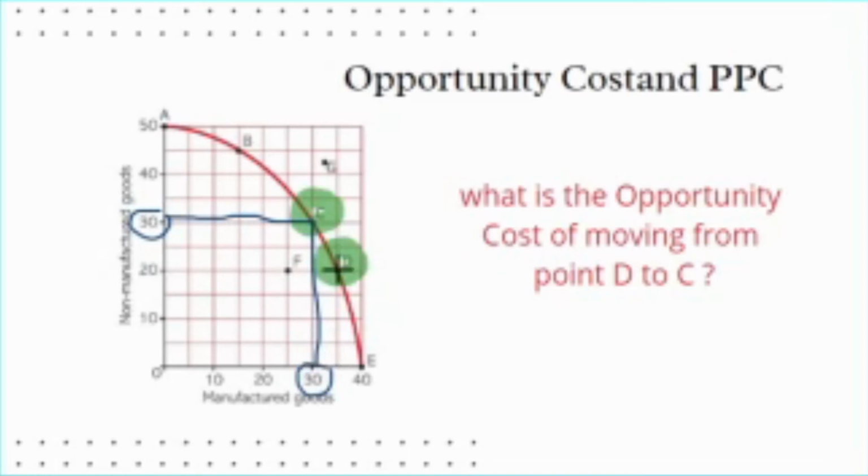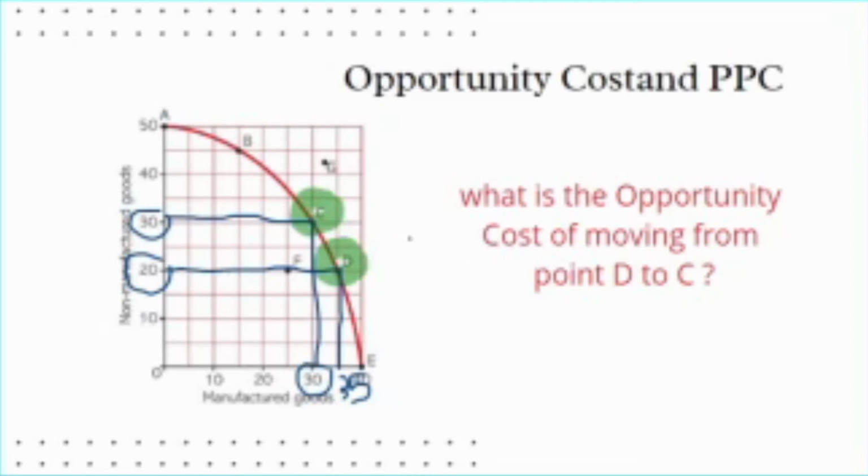At point D, let's find out how many units of goods we produce. At point D, we are producing 20 units of non-manufactured goods and 35 units of manufactured goods. Now it's important to understand our direction.